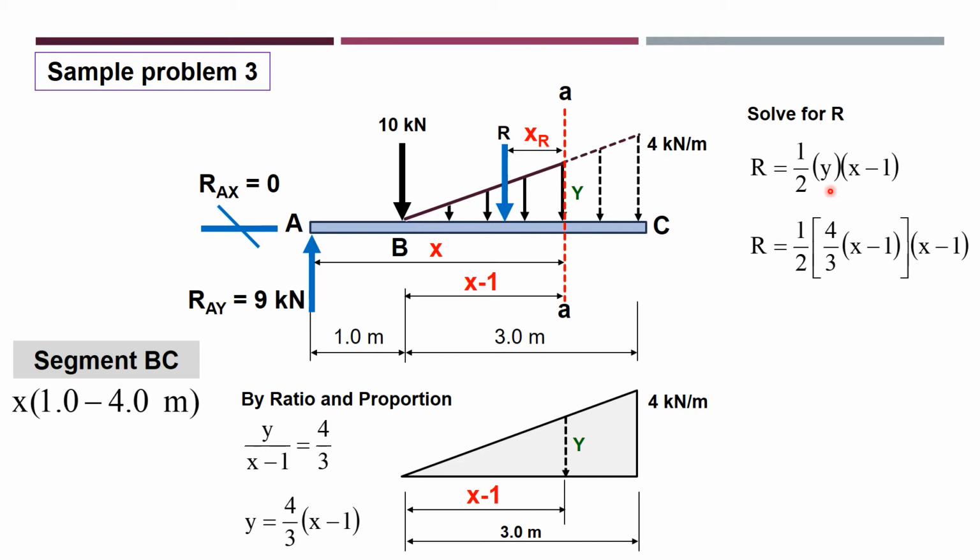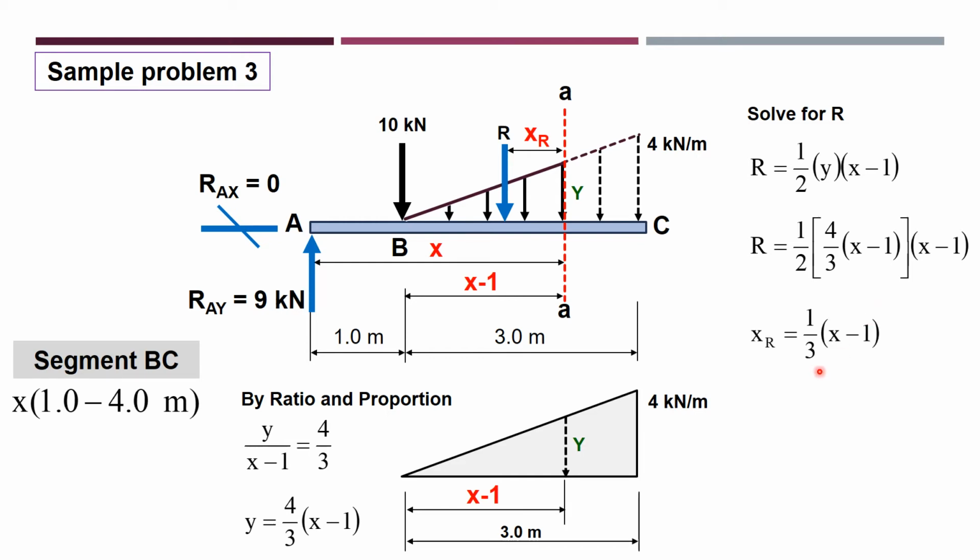So, you just substitute y na na-solve mo. And this will be the equivalent single force of this triangular loading na nasakop nitong distance x, kung saan ito naka-apply na x minus 1.